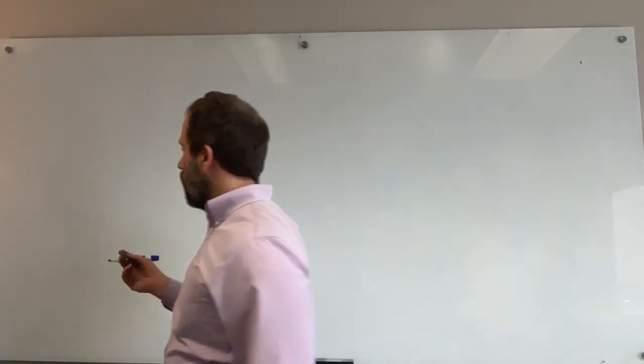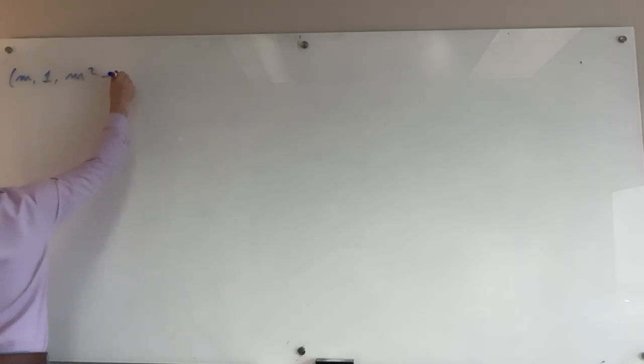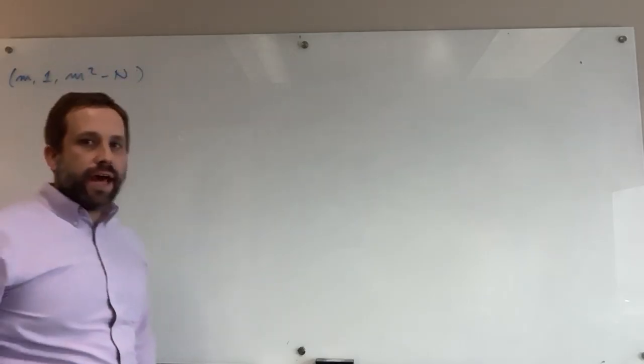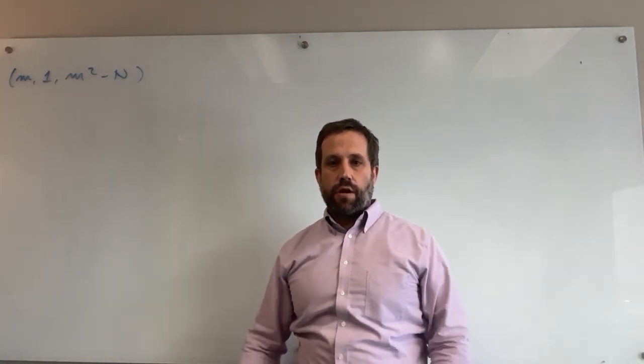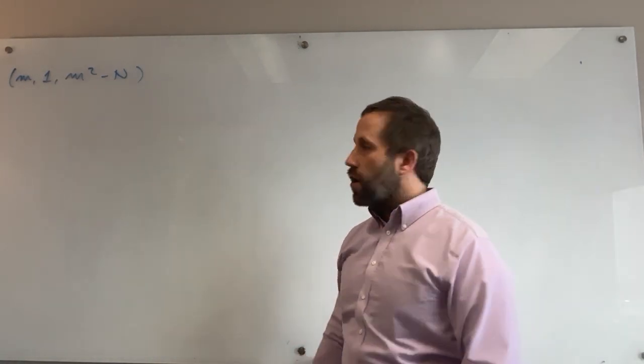All right, so let's say we start with a trivial triple: m, 1, m squared minus n. Convince yourself that that is a Brahmagupta triple, where n is the n in x squared minus n y squared.